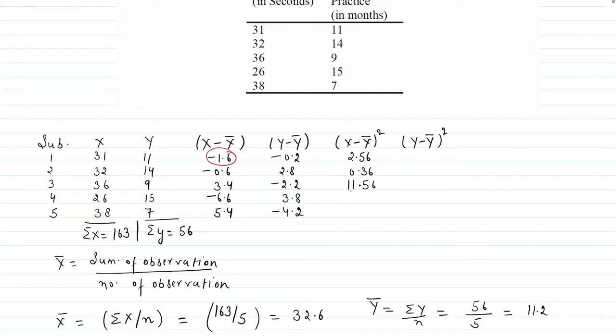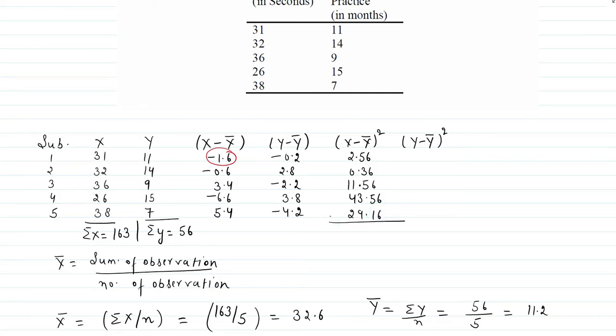6.6 squared is 43.56. You can use the calculator or do it by hand if you are good at maths, but I suggest going for the calculator. Right now you can practice your fingers on the calculator, it will be good for you. Next, 5.4 squared is 29.16.